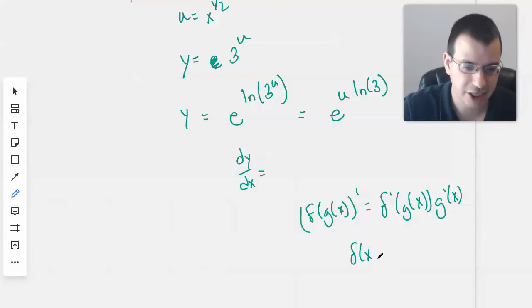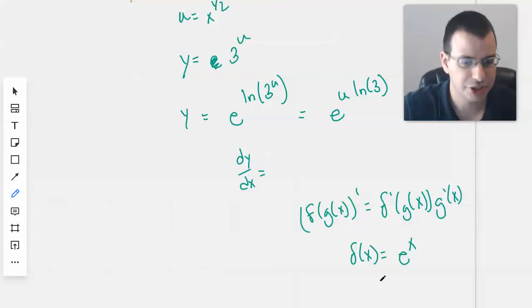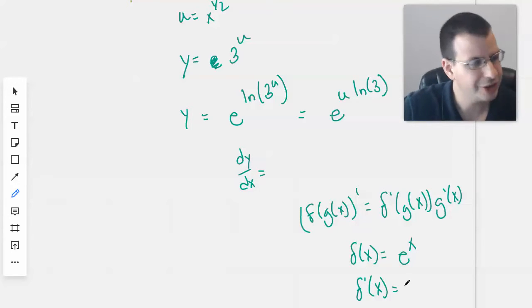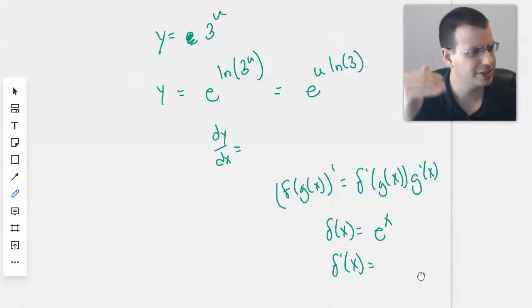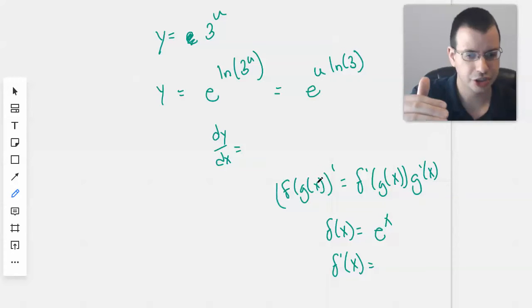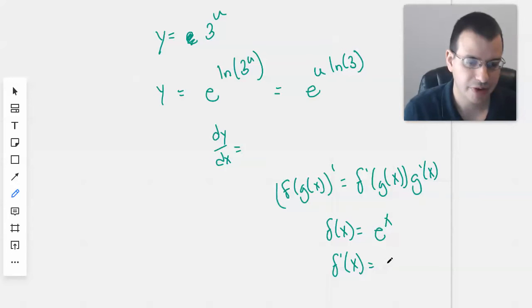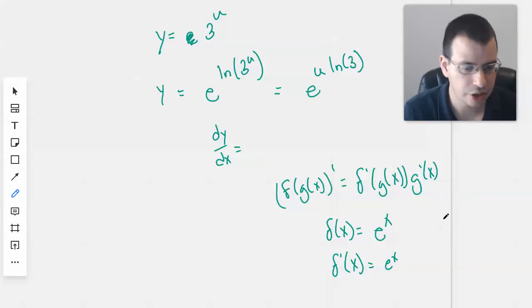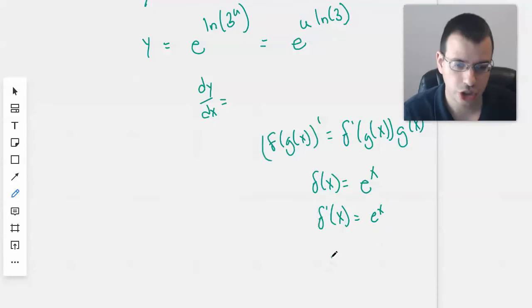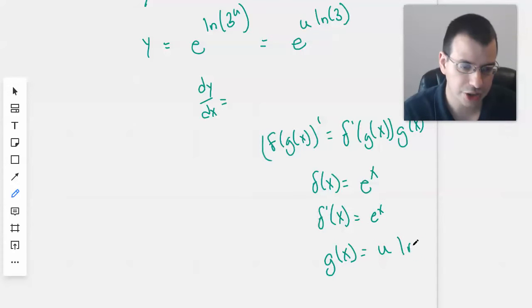So f of x in this case equals e to the x, f prime of x equals e to the x, and g of x equals u natural log of 3.